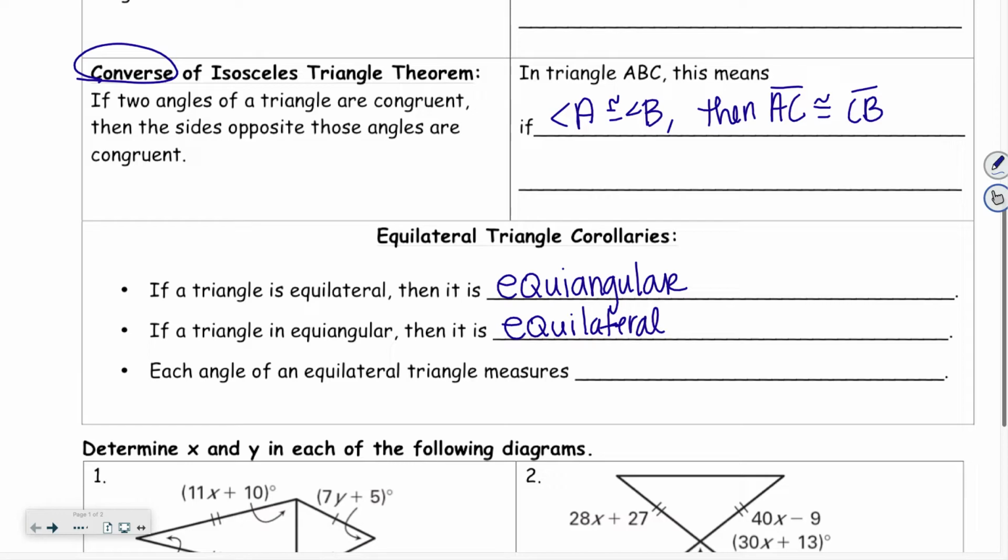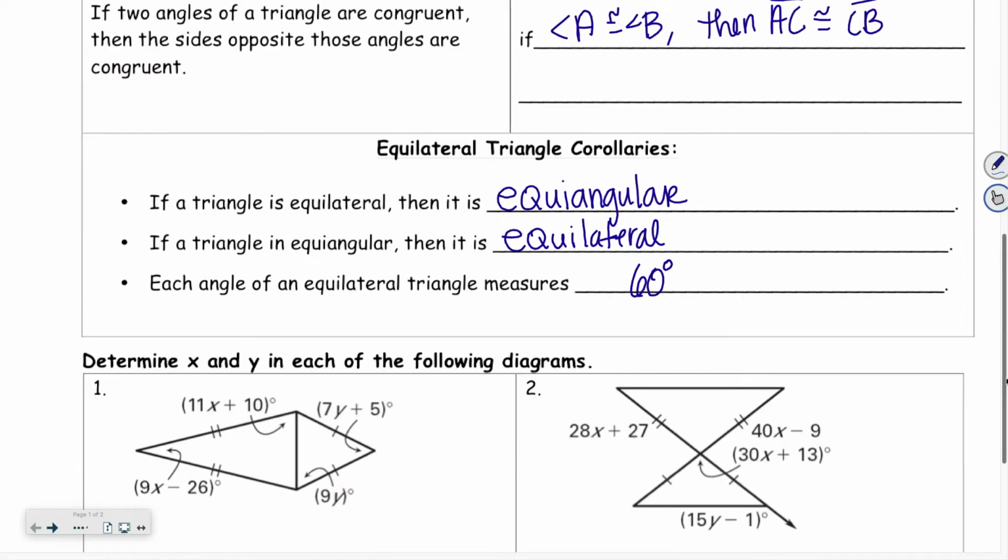So kind of like on that very first one, Billy asked, they only had two 3s on there. But because it was equiangular, I should know the other one is also 3. And each angle of an equilateral triangle measures 60 degrees. So those three things I should know based on the equilateral triangle theorem.